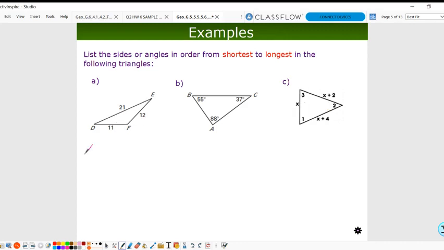It's across from angle E. So angle E is less than angle D, which is less than angle F. In letter B, I'm giving you the angles, so now I'm asking you for the sides. So angle C is the smallest, so that makes AB less than AC, which is less than BC.